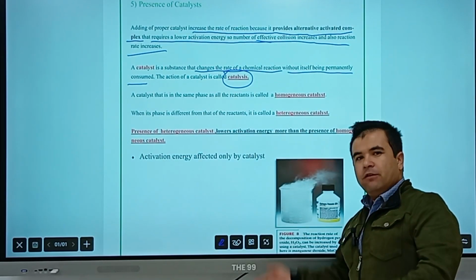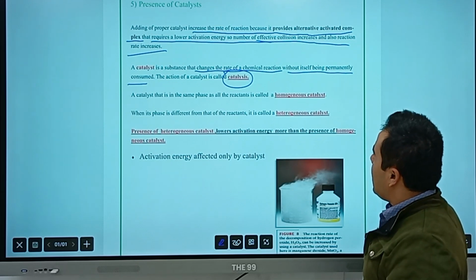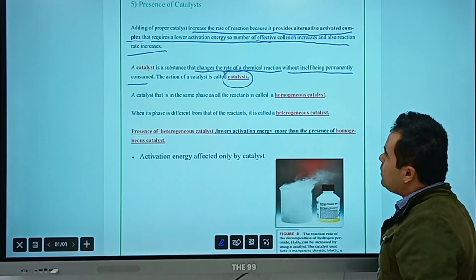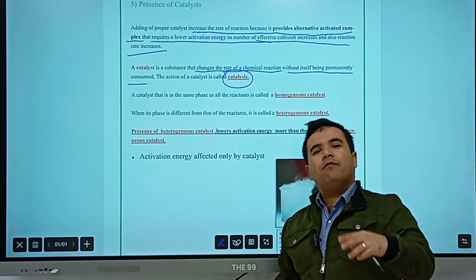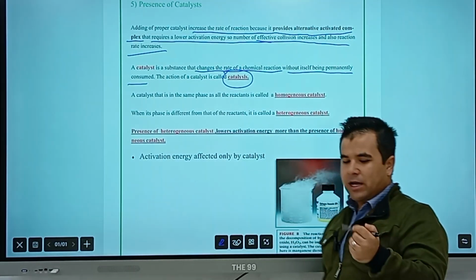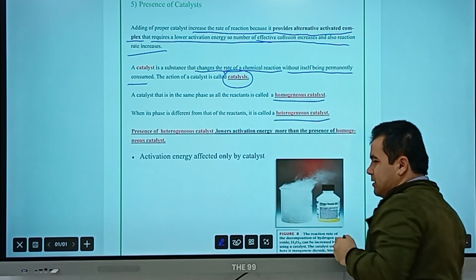We'll be talking about the effect of the catalyst, what happens to the IC, EA and E prime, on the coming page. In terms of homo and hetero, we have two types of catalysts, guys. A homogeneous catalyst and a heterogeneous catalyst.